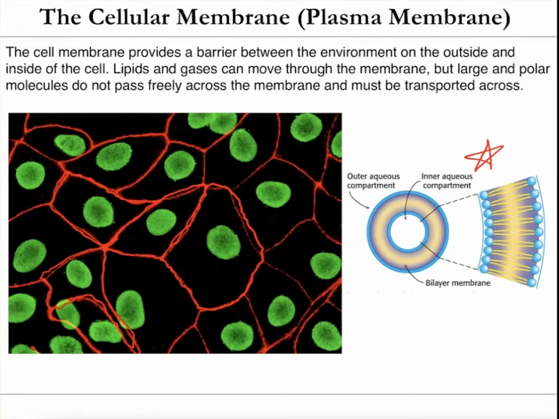If you take a bunch of polar lipids, with hydrophilic head groups and hydrophobic tail groups, and mix them in water, they can form these vesicles, or bilayer membranes, with an outside environment here and an inside environment here. That's the most fundamental definition of every single cell that exists.